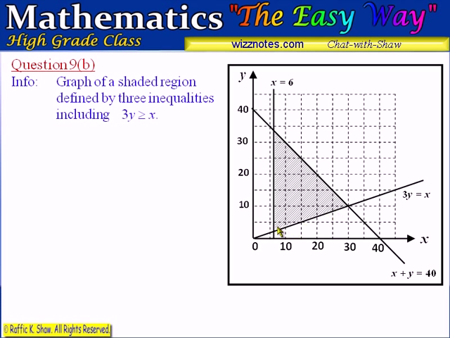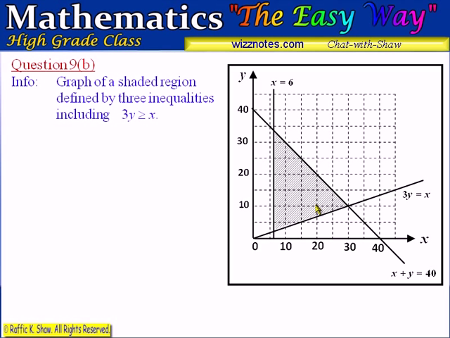Therefore, the line is a part of the required region. So 3y equals x is valid, hence the equal in the inequality sign. And then the shaded region is above the line, hence the greater than sign. And if we observe a point in the shaded region, say this point here, where y is 10, 3 times 10 is 30, and the x value here is 20.